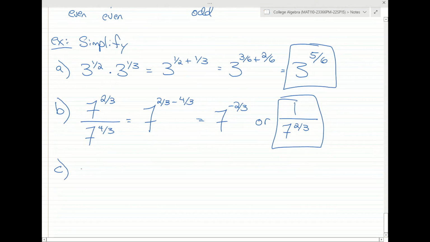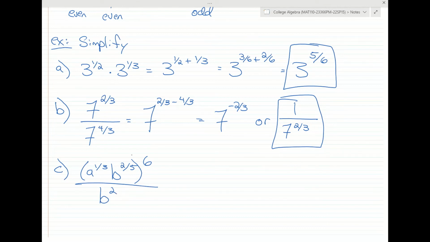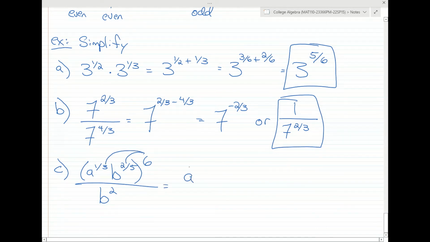How about a to the 1/3 times b to the 2/5, the 6th power, all over b to the 2nd. A couple different properties here. Distribute the 6. This would be a to the 1/3 times 6 is 2.